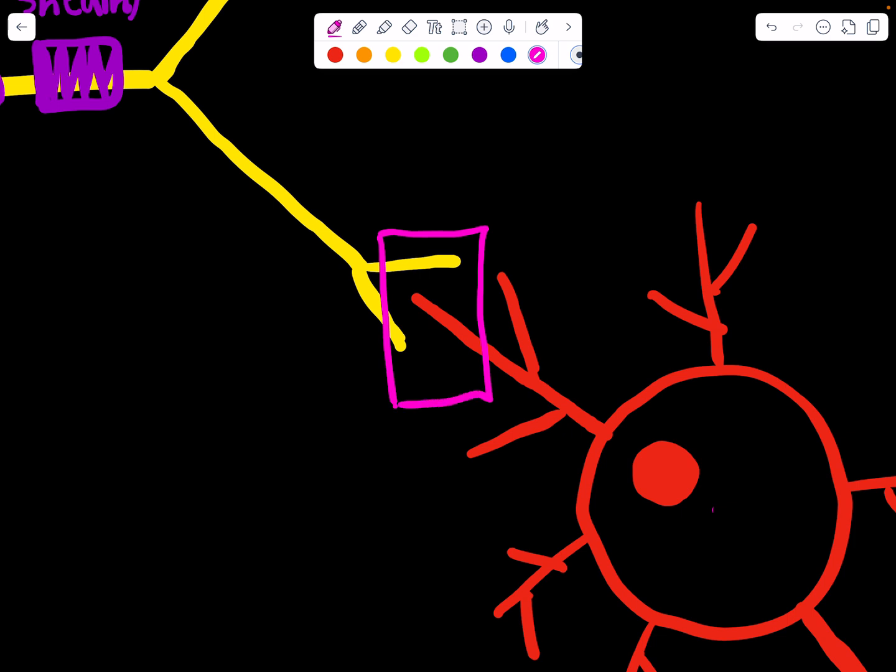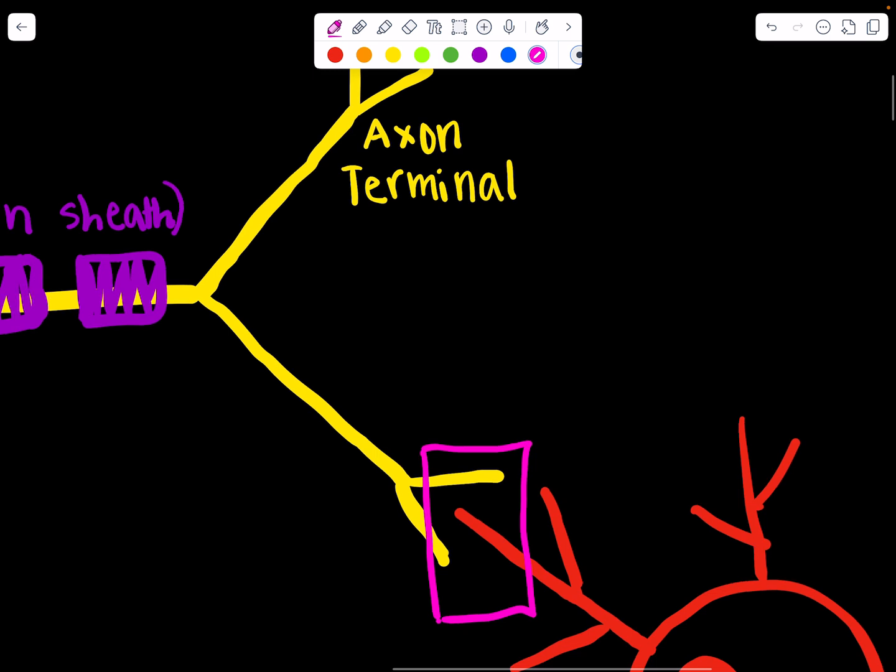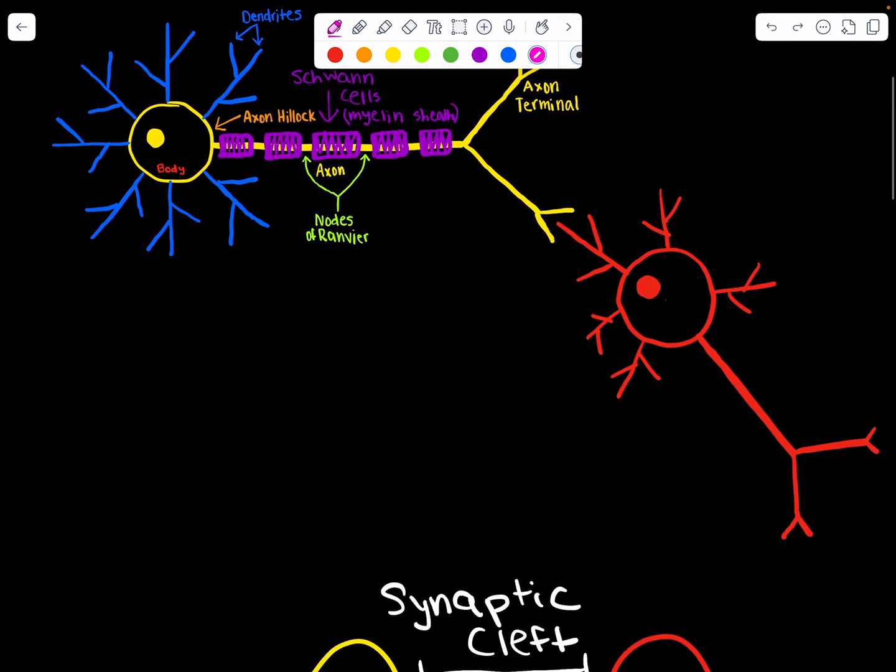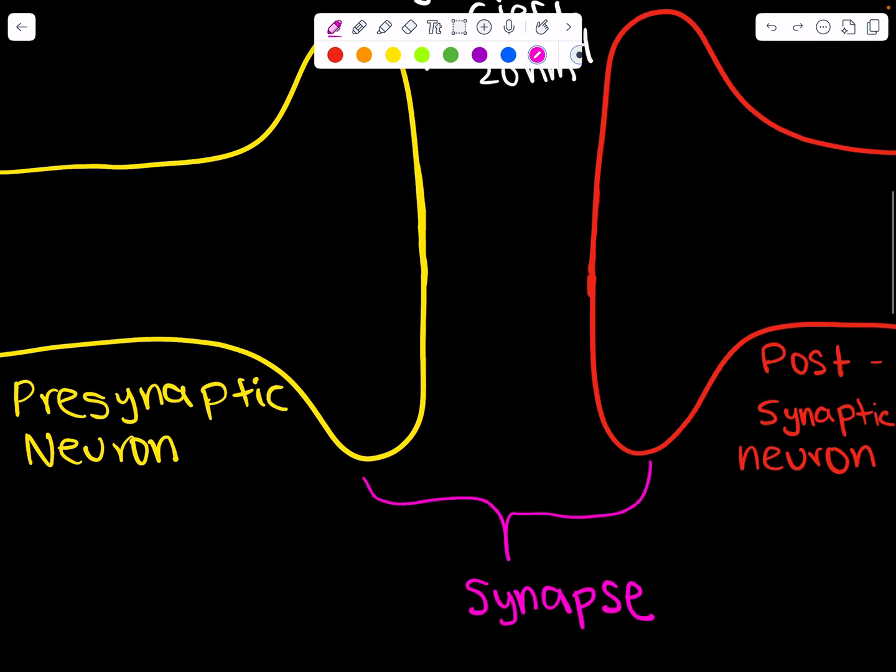Specifically, right over there at the axon terminal. See the axon terminal? What happens right here when it connects to another neuron? How does it pass? This is why we have the synapse.